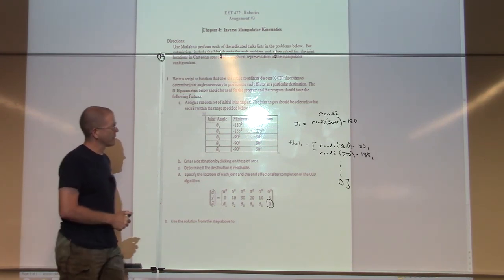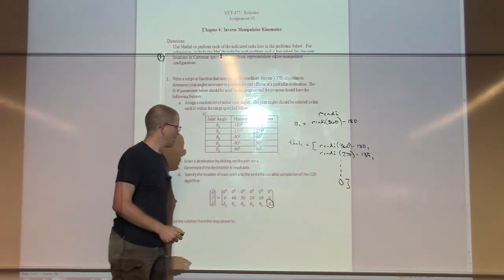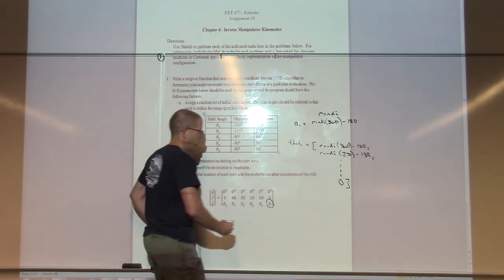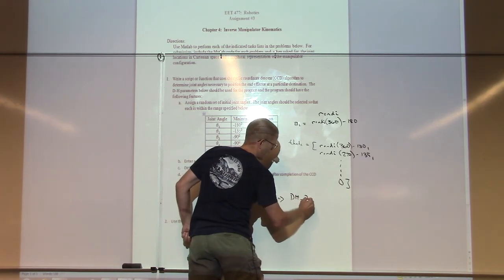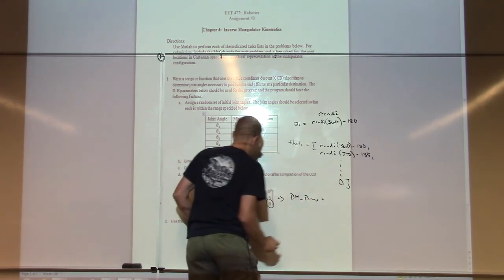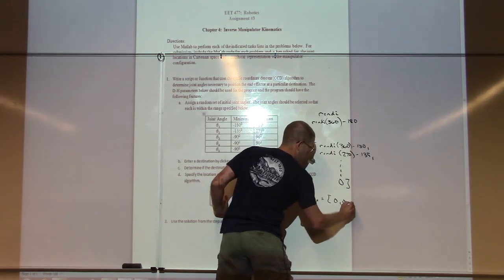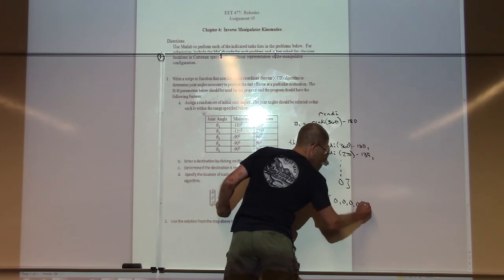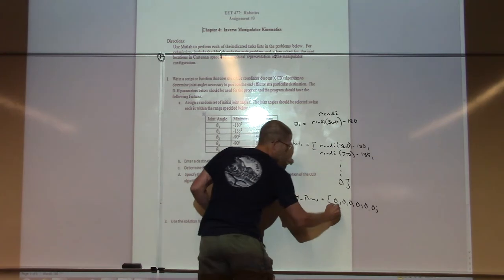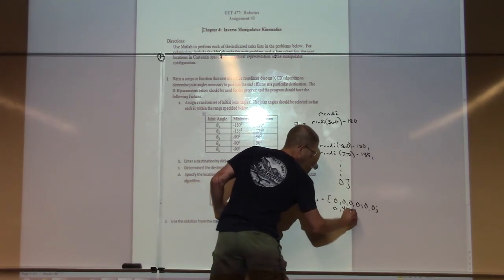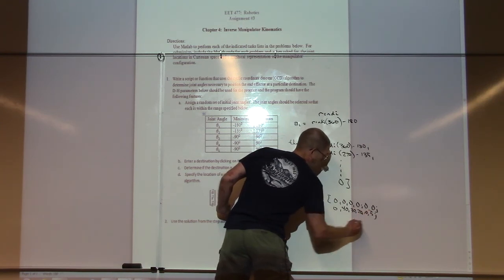And then with this theta vector included in our robot, then I can just say that our DH parameters is equal to, let's see, 0, 0, 0, 0, 0, 0, 0, 40, 30, 20, 10, 5, and then theta.